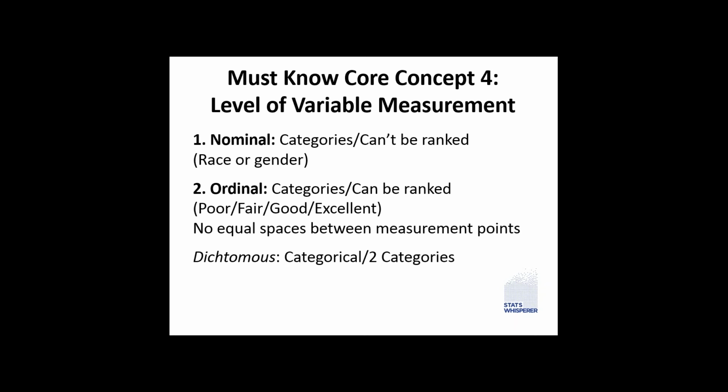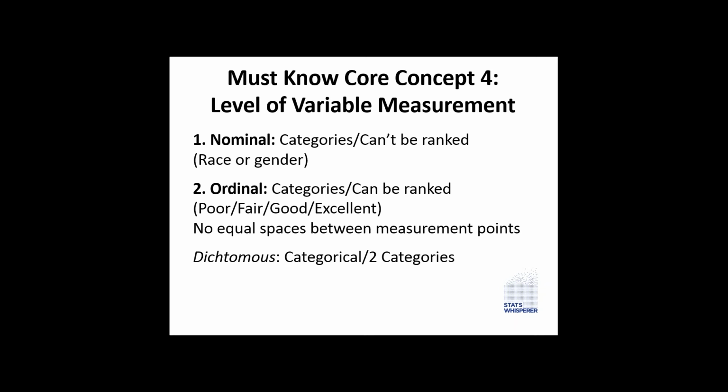So the distance between poor and fair doesn't have to be the same as good and excellent. It's all conceptual and somewhat arbitrary. So the distances between fair and good and poor and fair are not necessarily equal.